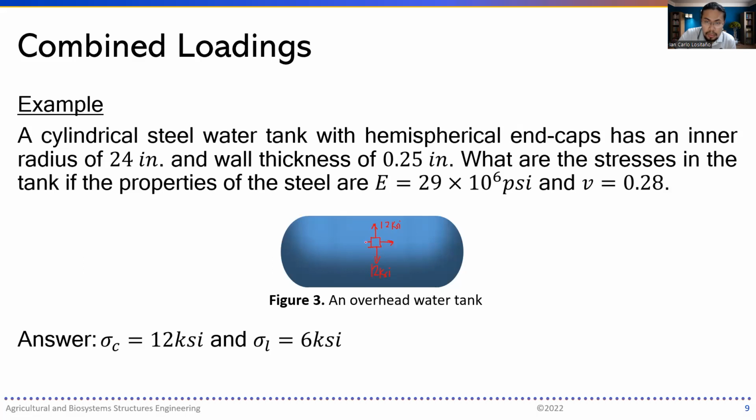Along the longitudinal axis, you have your 6 ksi, and they are both in tension because you have the liquid, or the fluid inside, pushing against the bounds of this pressure vessel.